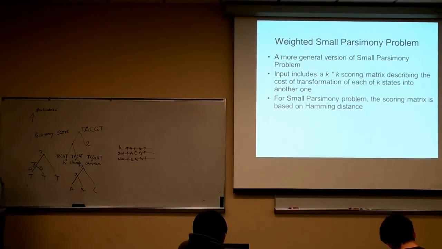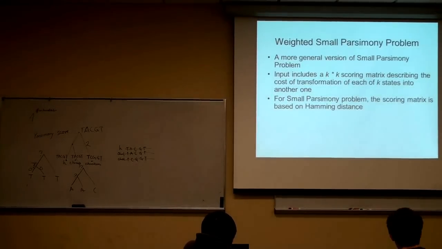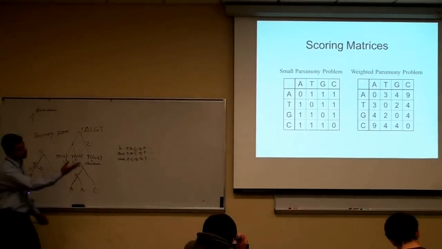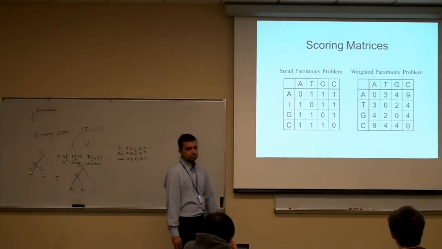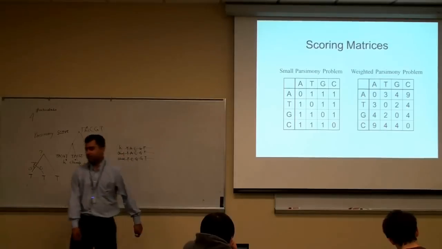For the small parsimony problem, the scoring matrix is simply the Hamming distance, the match mismatch between characters. But for the weighted parsimony problem, the scoring matrix could look like that, instead of the small parsimony problem where it was always 0, 1.